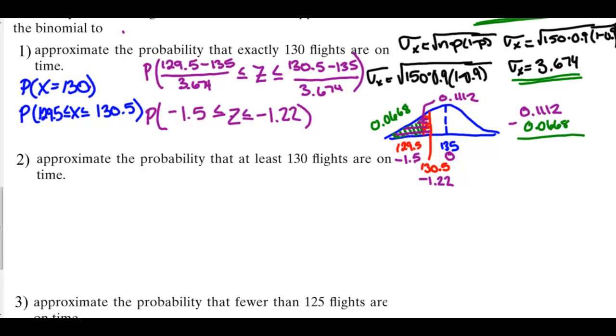And that's going to give us, all right, that 0.0444. So all that to figure out the probability of having exactly 130 flights on time, it's going to be that 0.0444. Yes?